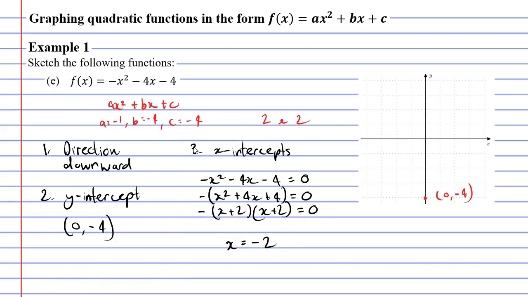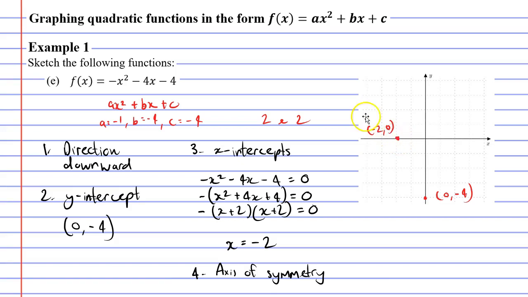So on our graph, this is the point where we have our x-intercept. It's the point -2, 0. So now we need to find our axis of symmetry. Now the axis of symmetry is always halfway between the two x-intercepts, but this time we only have one x-intercept.